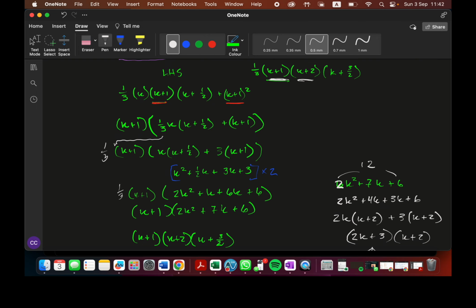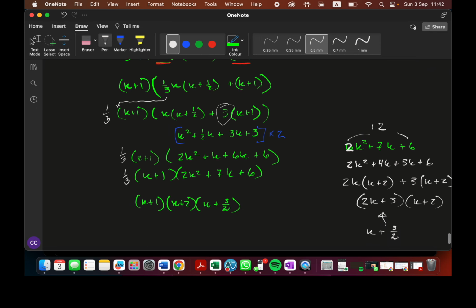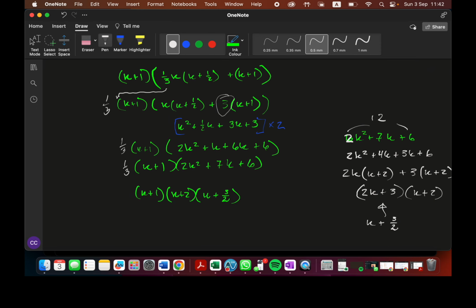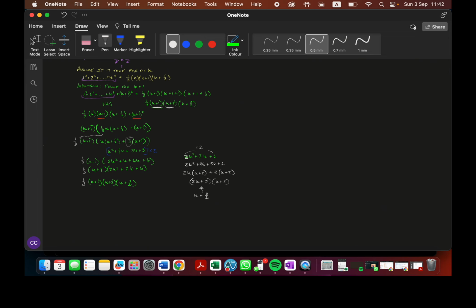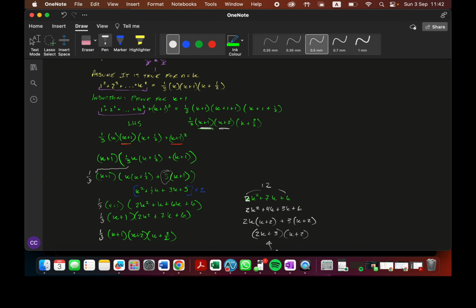I would have had 1/3 the entire time, because all I did to get this 3 was divide by 1/3, but I divided that out and forgot to write it down. So I get 1/3 of that. Looking at my answers, these two things, in fact, are the same.